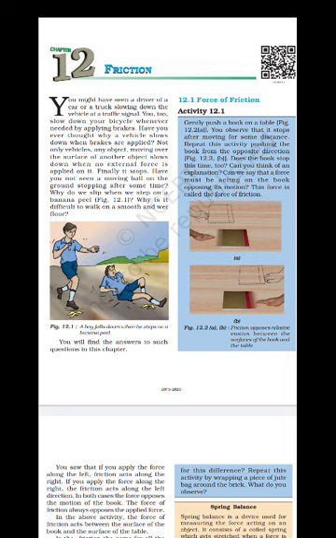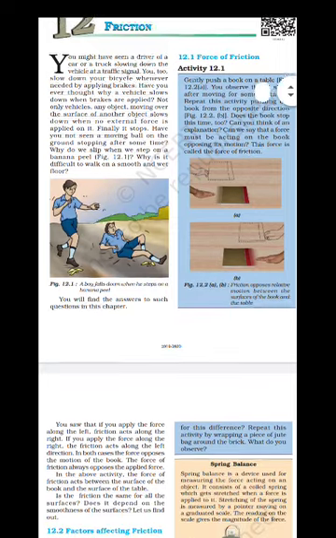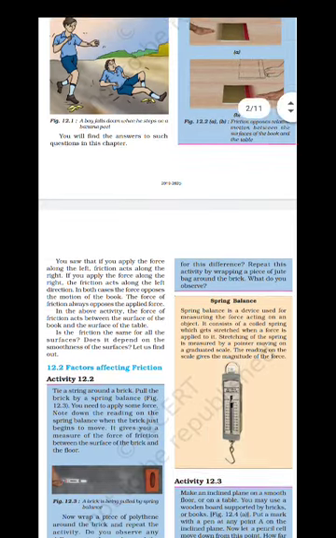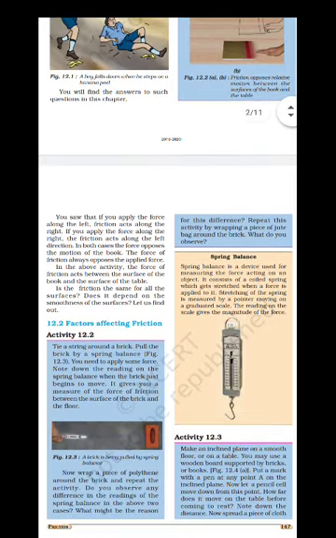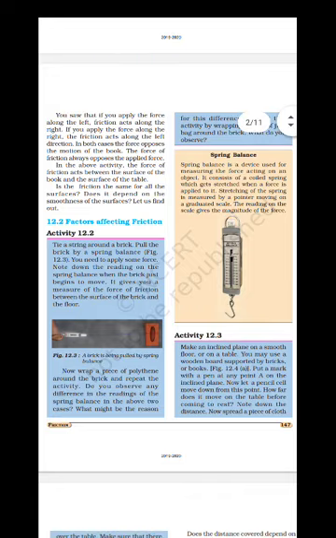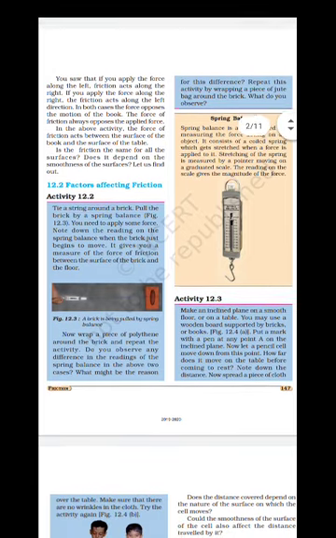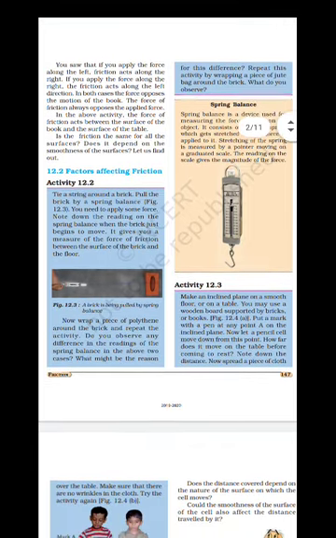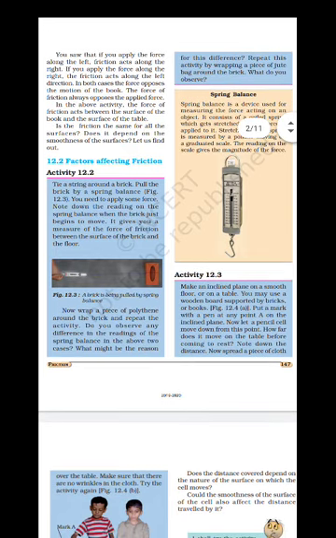This force is called the force of friction, right? Now you saw that if you apply the force along the left, friction acts along the right. If you apply the force along the right, the friction acts along the left direction. That means the force is opposing the motion of the book, isn't it?